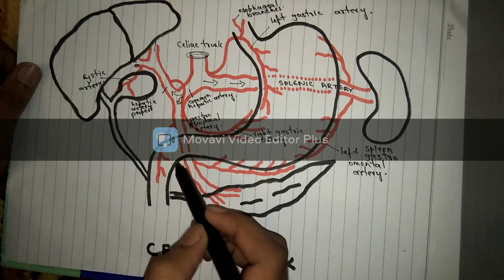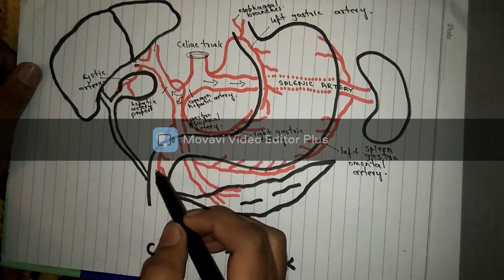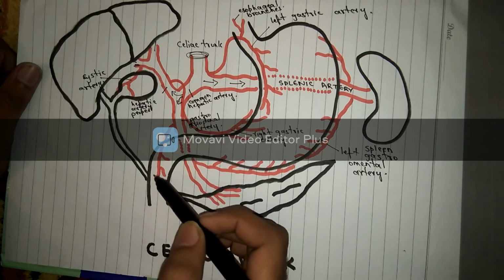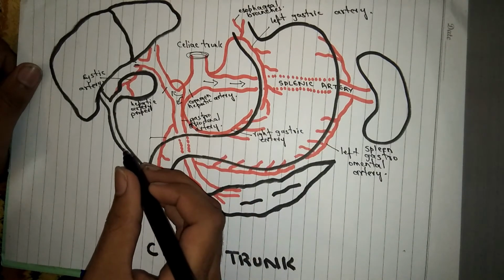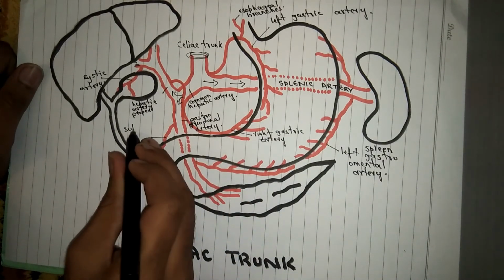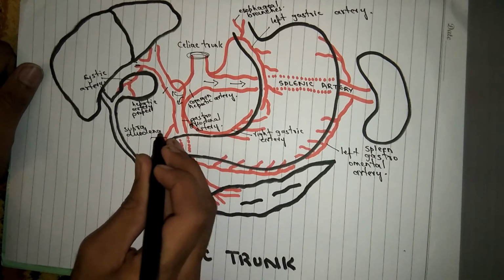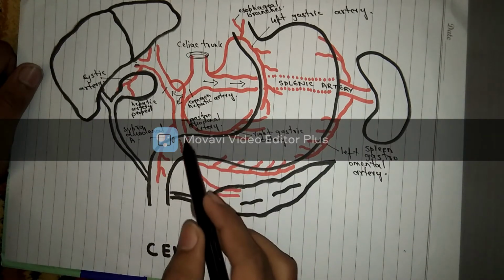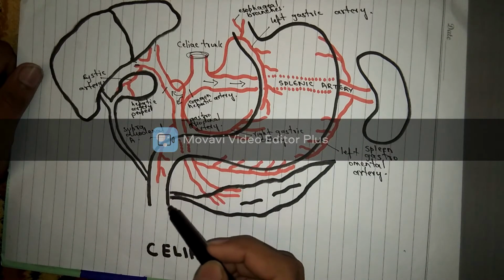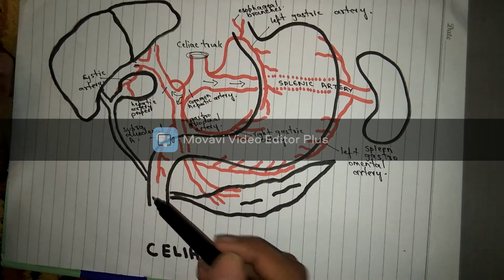The gastroduodenal artery is further going to give a branch to the duodenum, which is called the supraduodenal artery.